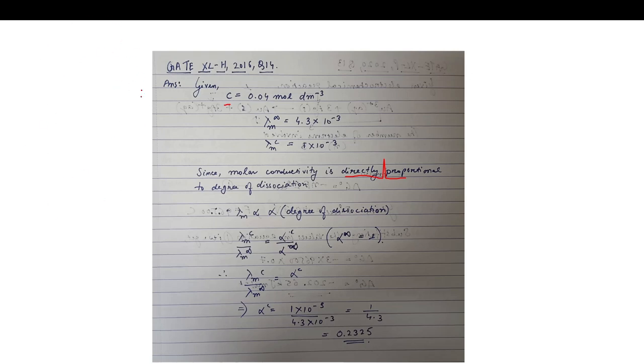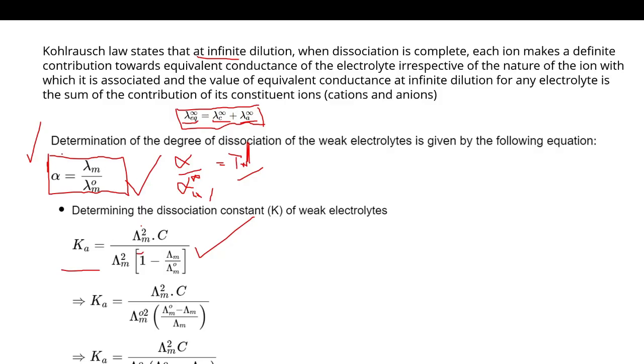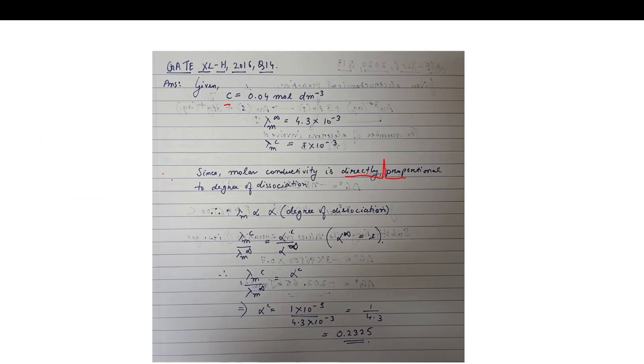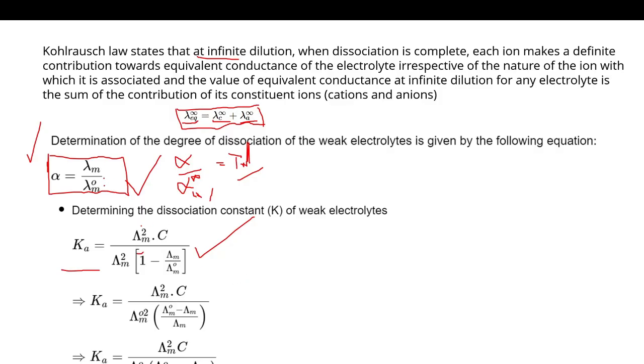This is the case in all scenarios, and at infinite dilution the degree of dissociation, alpha at infinity, is equal to 1, as I discussed previously. So the formula is the one we already discussed for the degree of dissociation alpha: the molar conductivity at concentration C divided by the molar conductivity at infinity, lambda m naught.